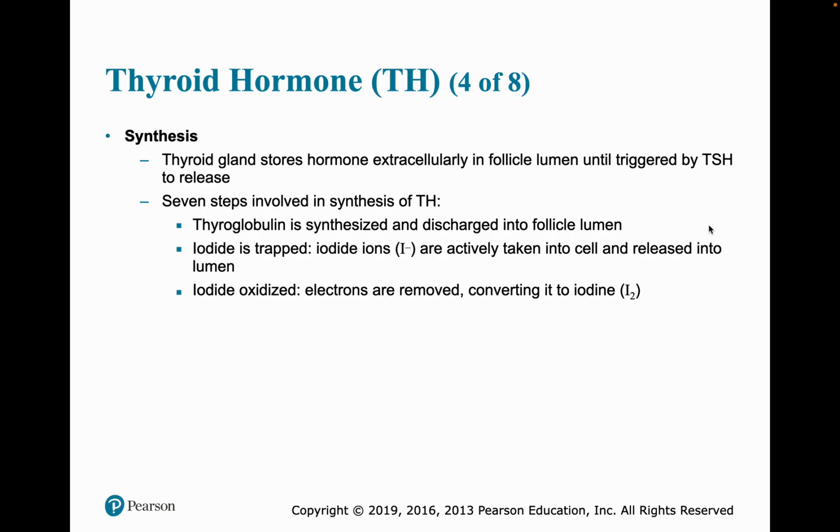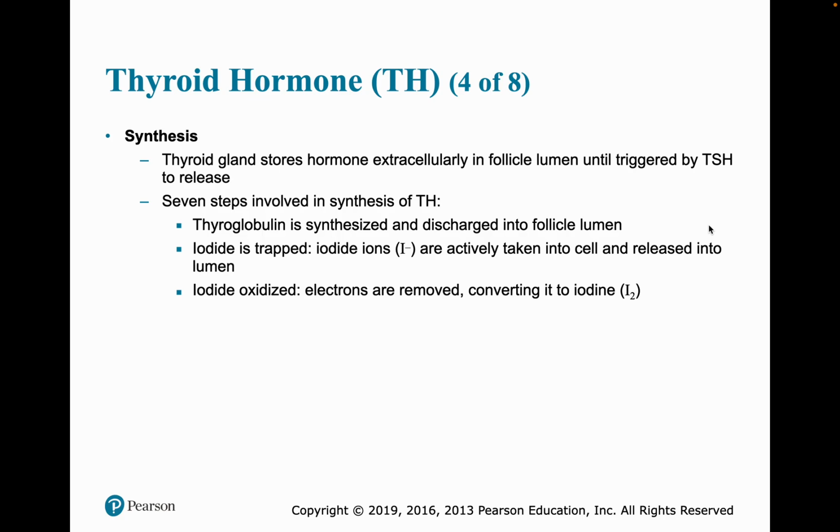So thyroid hormone is synthesized in rather a convoluted manner. The thyroid gland stores the hormone extracellularly in the follicular lumen until triggered by thyroid stimulating hormone to release it. And there are 7 steps involved in the synthesis of thyroid hormone.